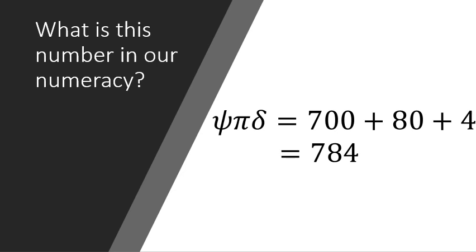The Greek character psi represents 700, pi represents 80, and delta represents 4. So this combination of Greek letters represents the number 784.